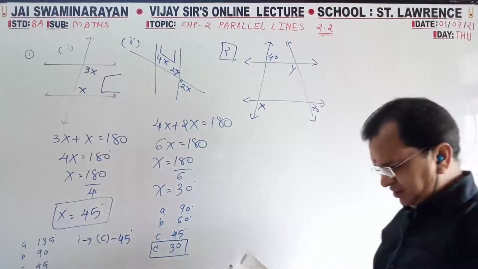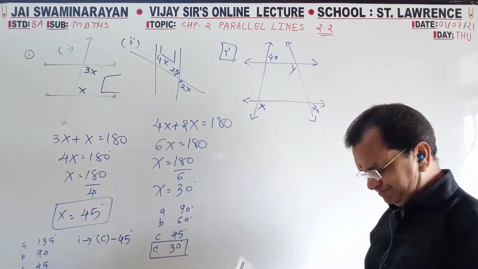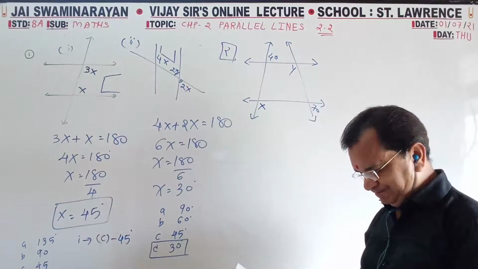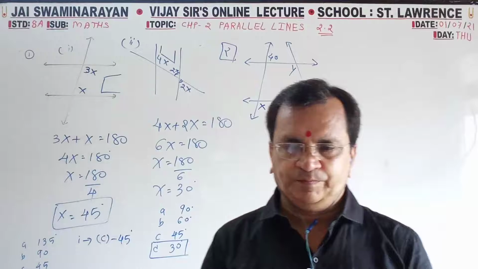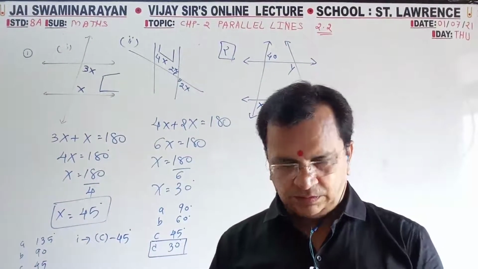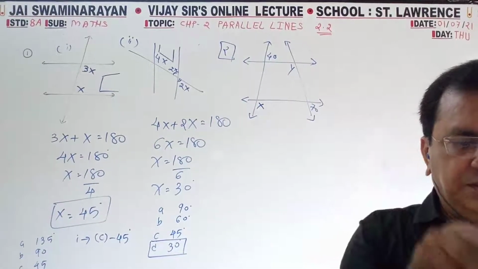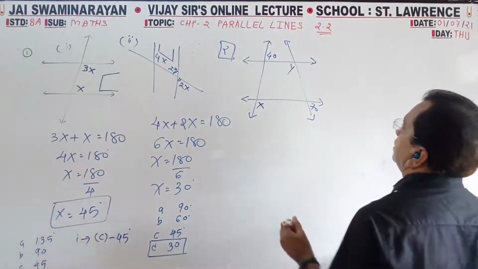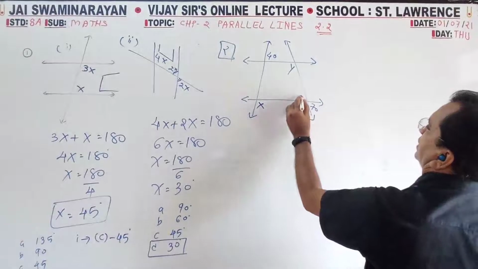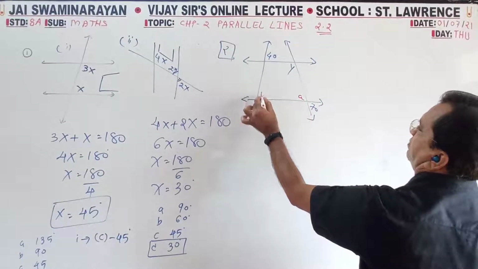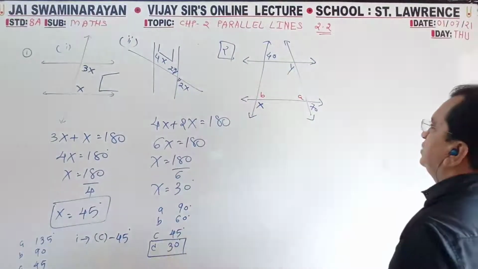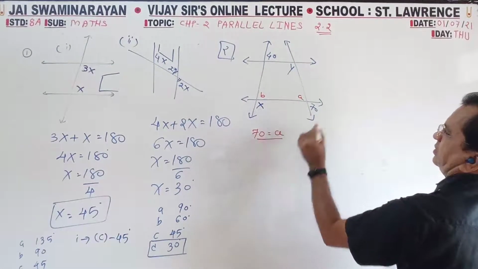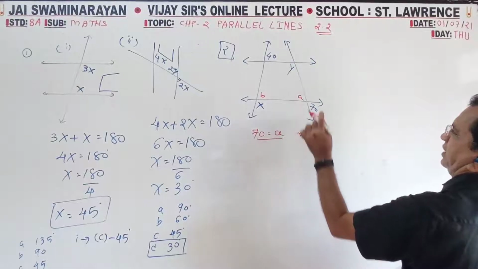Correct. Now this one I will take as A, this one I will take as B. So 70 is equal to A because of the vertically opposite angle.